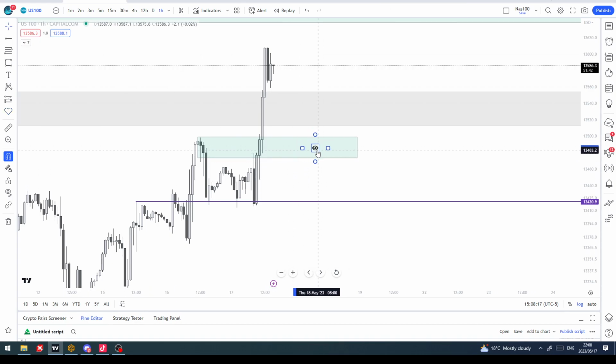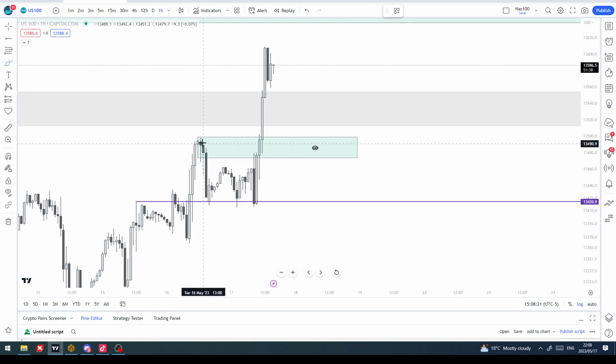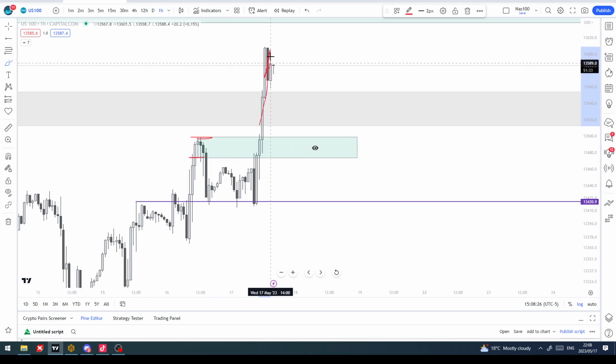Old highs, like I said, old highs are fair value for buying. There's your breaker block. Price ran through here, and any retracements back to retest the old high, I'd buy that.